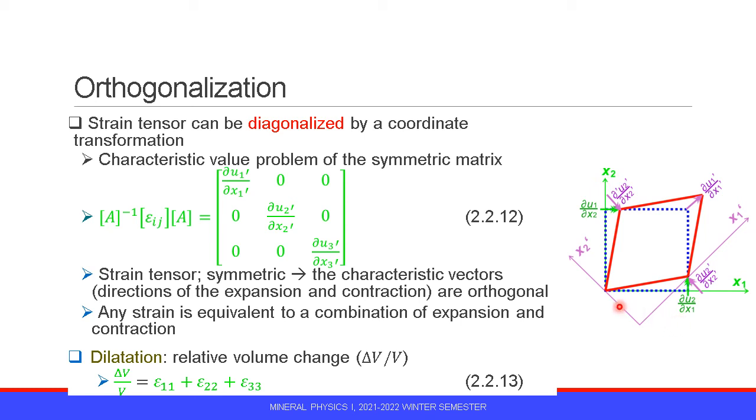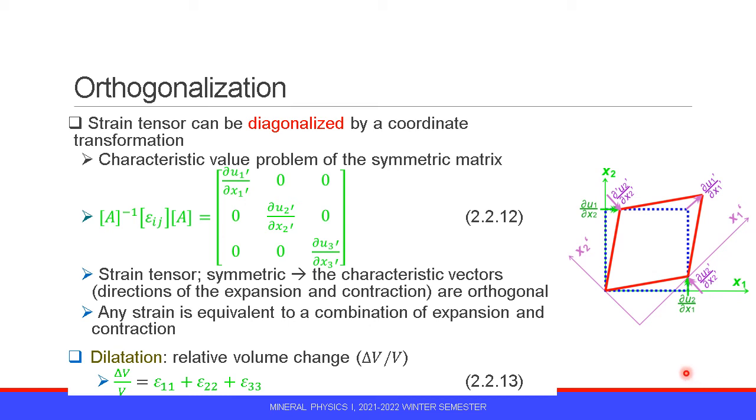But if we define the coordinates x1 prime and x2 prime, the deformation can be considered as an expansion in the x1 prime direction and contraction in the x2 prime direction.